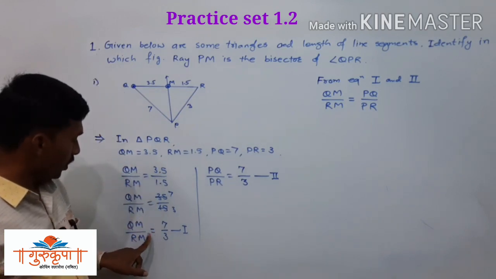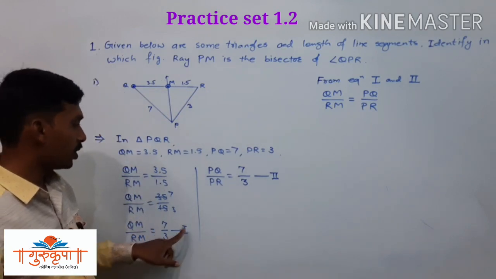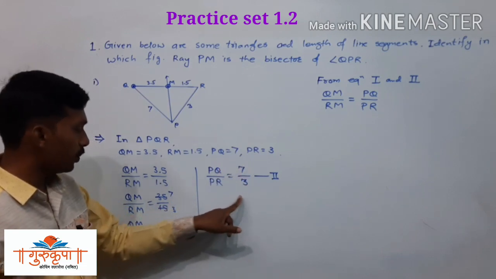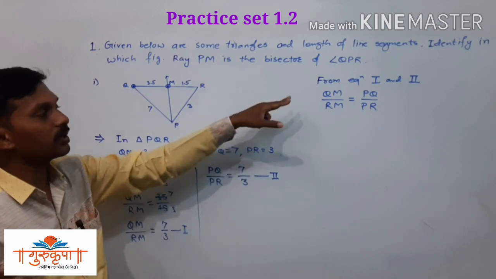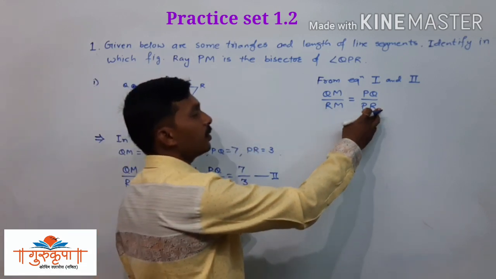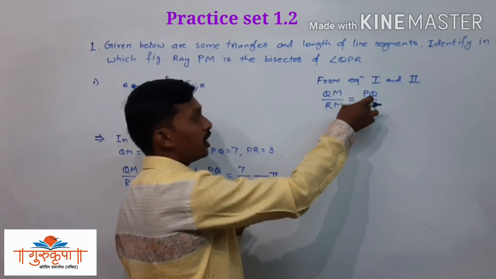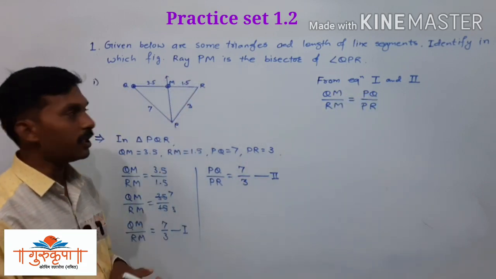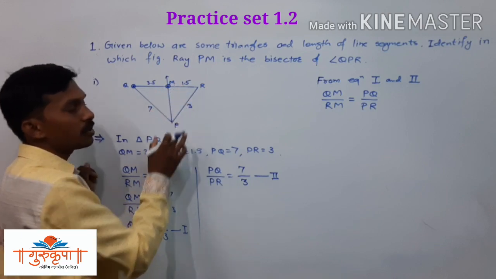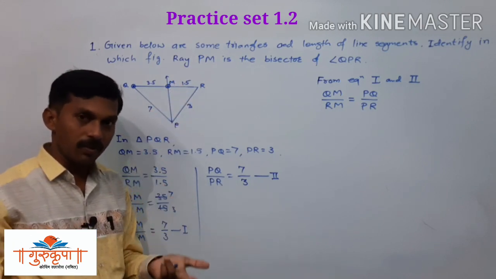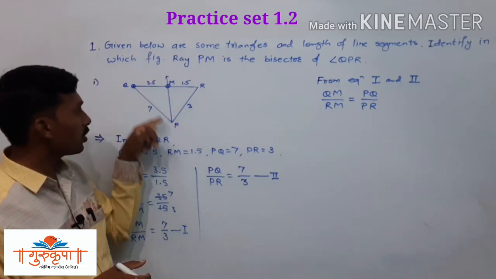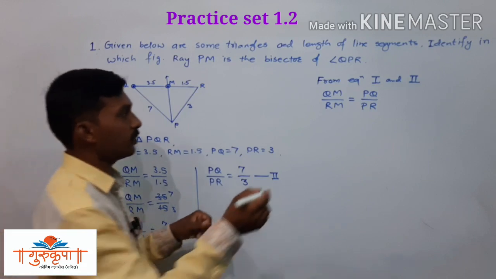See, in equation 1, QM upon RM is 7 upon 3. In equation 2, PQ upon PR is 7 upon 3. Since the right sides of both equations are equal, the left sides are also equal. And now, if QM upon RM is equal to PQ upon PR, it means that due to this point M, the side QR and the remaining two sides get divided proportionally.